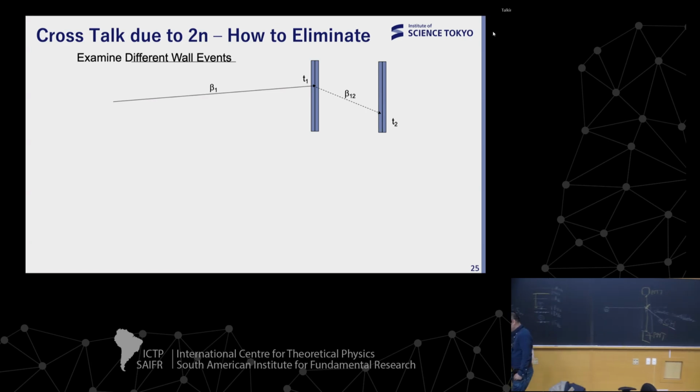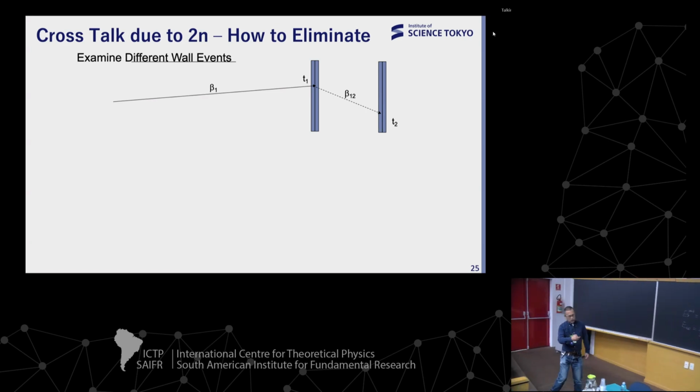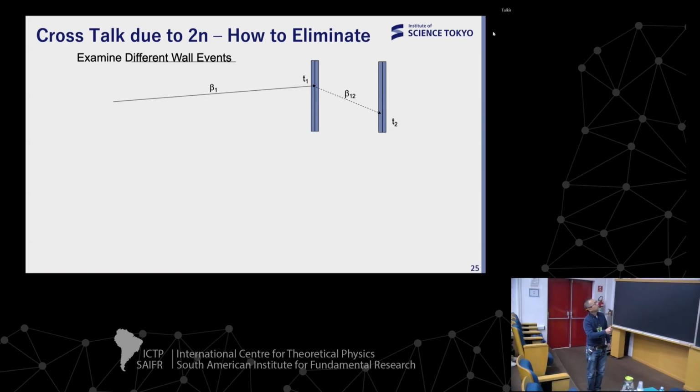But then, 2 neutrons. Now we have 1 neutron coming here, and this is the plastic scintillator. As I said, the neutron can be scattered like this, and protons are recoiled here. But then this neutron can also make another proton here, right? So this means that from one neutron, maybe we have 2 signals.